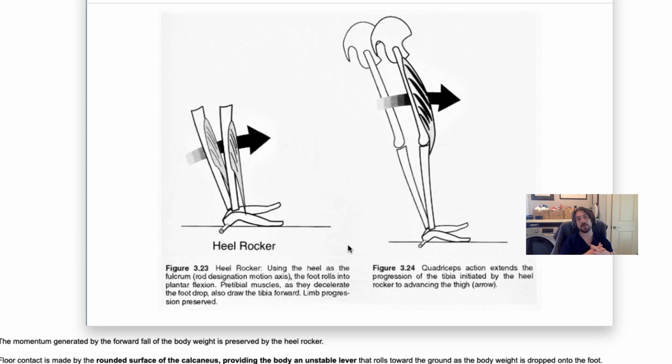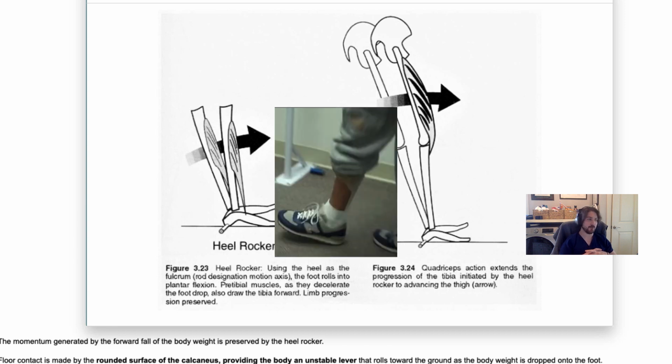So then let's think about what effect fixing the ankle in a neutral position would have on our heel rocker. We'll still be able to contact the ground normally during initial contact. We have our ankle in a neutral position, and assuming that our AFO is in neutral, then we'll still contact the ground normally.